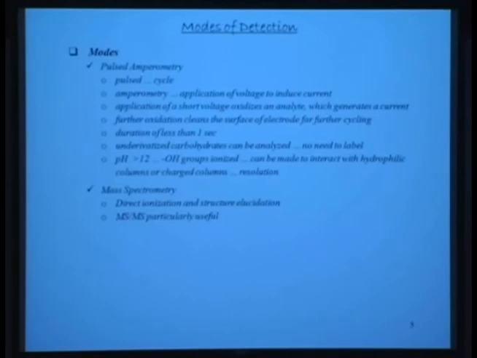Amperometry essentially implies you apply voltage on the detector side. There is a pulse of a small voltage and a high voltage. The small short voltage basically oxidizes the carbohydrate so that it generates a current. These are for the most part neutral carbohydrates. The generation of this current indicates the presence of a carbohydrate.